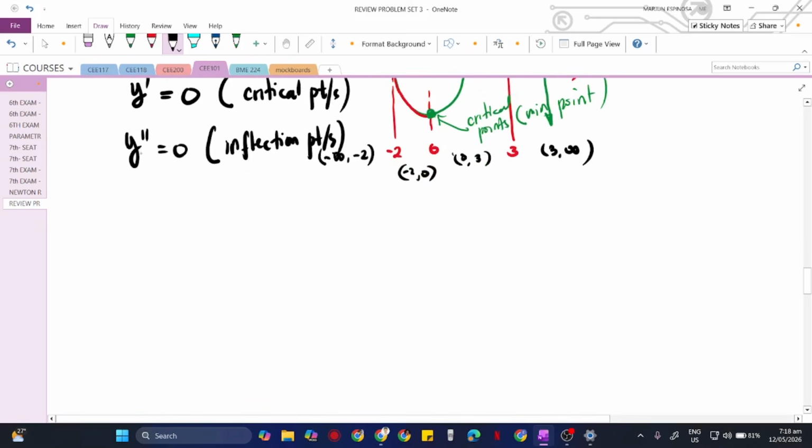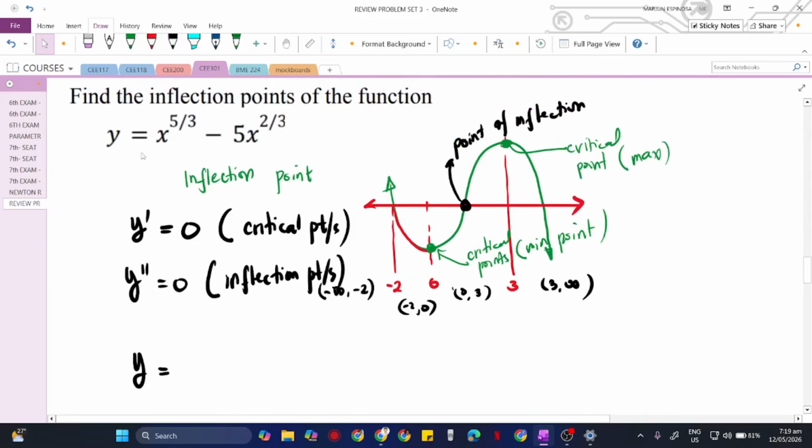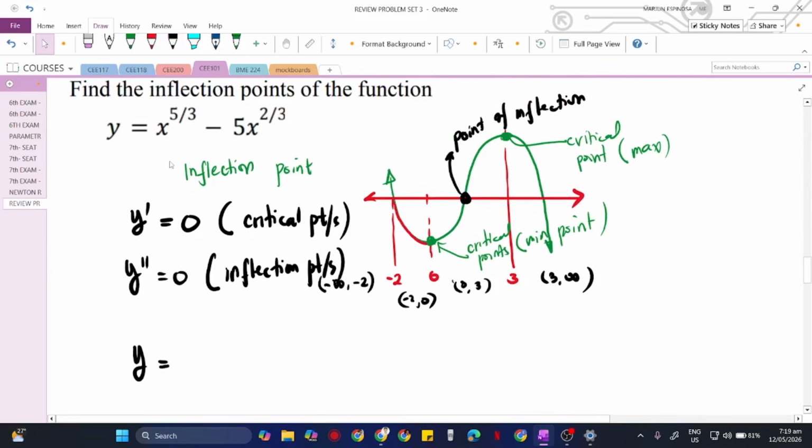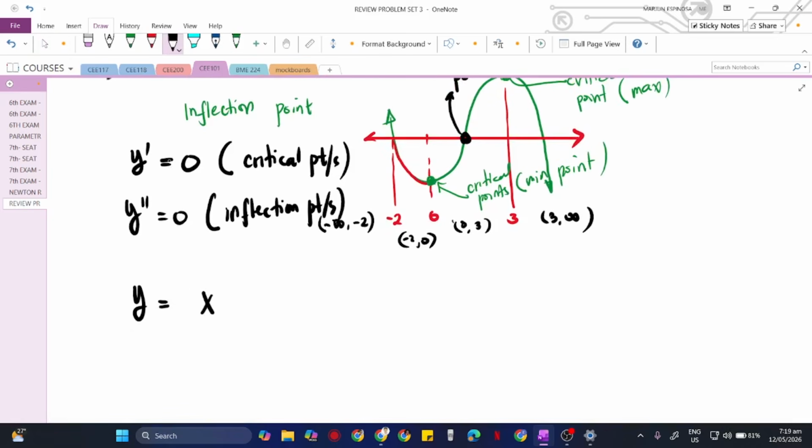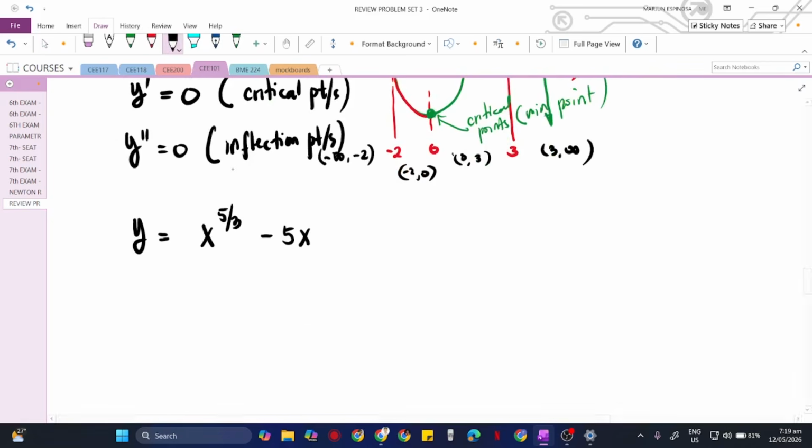Okay? So, sulat ko lang ulit y is equivalent of x raised to the power of 5/3 and then minus 5x raised to the power of 2/3. Okay? Then, take natin yung first derivative niyan. The first derivative of this one, we can bring down 5/3.